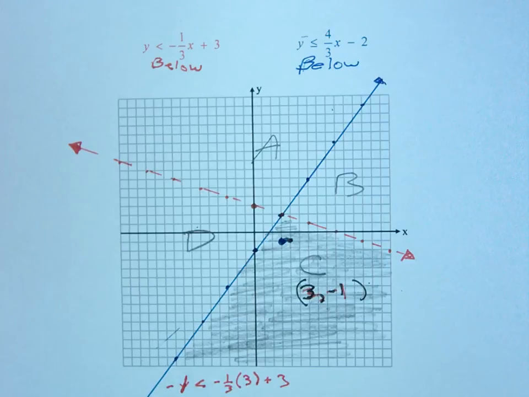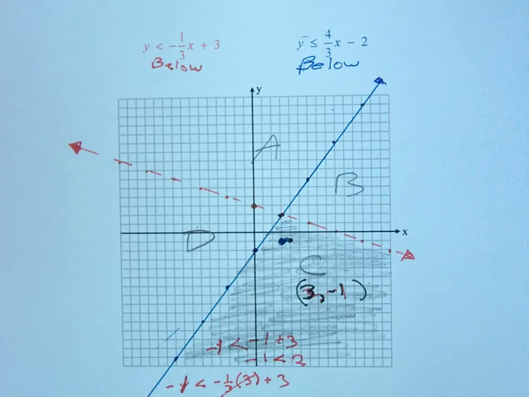Won't this give us -1 less than, if we multiply -1/3 times 3, these will cancel, we'll get -1 plus 3. And this will give us positive 2. So isn't it true that -1 is less than positive 2?